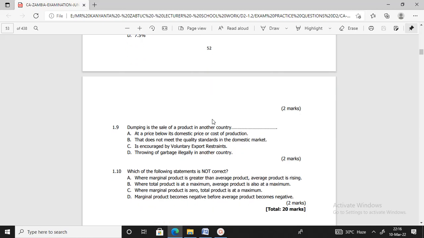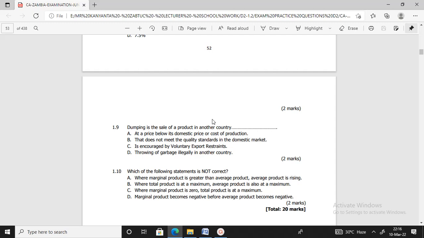1.10. Which of the following statements is not correct? Okay, so we are looking for the statement that is not correct. So the first one says where marginal product is greater than average product, average product is rising. Marginal product influences average product, just like marginal cost influences average cost.